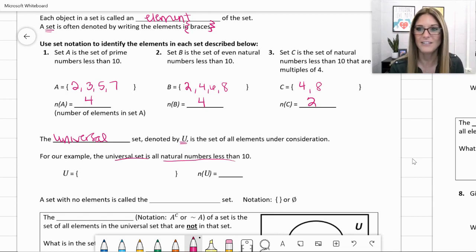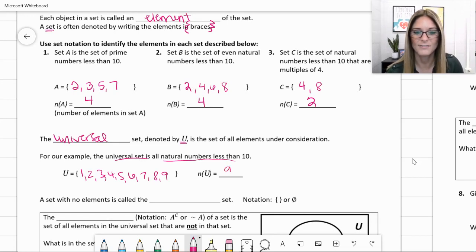Number 2 was even natural numbers less than 10. And 3 was numbers less than 10 that are multiples of 4. So the universal set, everything that's being considered, is any natural number less than 10. So we had 1, 2, 3, 4, 5, 6, 7, 8, and 9. There were 9 values in the universal set.